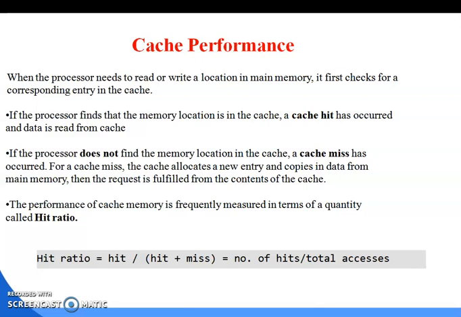That means if the data is found in the cache memory, this is known as a cache hit, and if the data is not present in the cache memory, or on the other hand if the processor fails to retrieve the data from the cache memory, that is known as a cache miss. So the performance of cache memory is frequently measured in terms of a quantity called hit ratio. Hit ratio equals hit divided by hit plus miss, which equals the number of hits divided by total accesses.